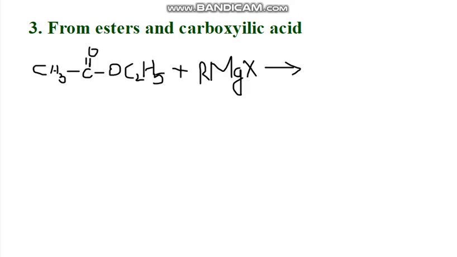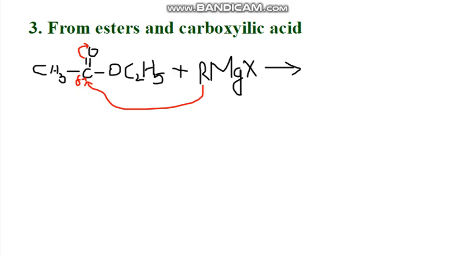Let's see. Here we are taking an ester and we are reacting it with Grignard reagent. We know this bond will shift towards this. So the R group has the negative charge, so this will come to this positive carbon.